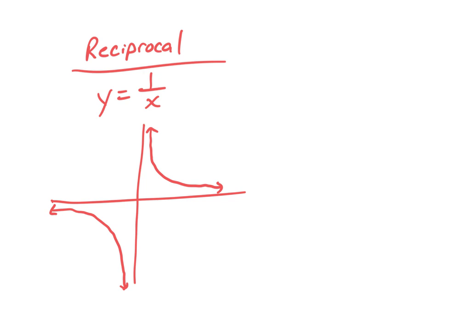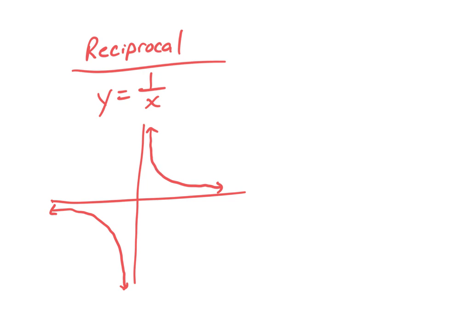If I were to put a negative here, then my branches would be in the other two opposite corners from one another. So it could change things up. But basically you have two different branches. Your x and your y-axis are what we call asymptotes, where it's approaching the x and y-axis from two different directions, but never crossing those two axes either. It's just going to get really, really close to it.